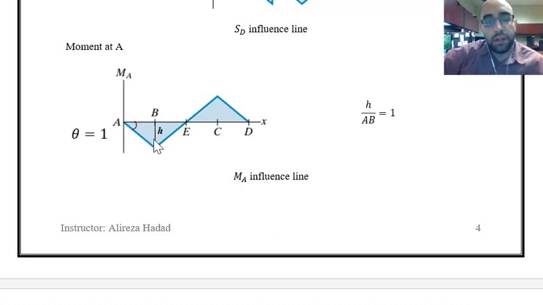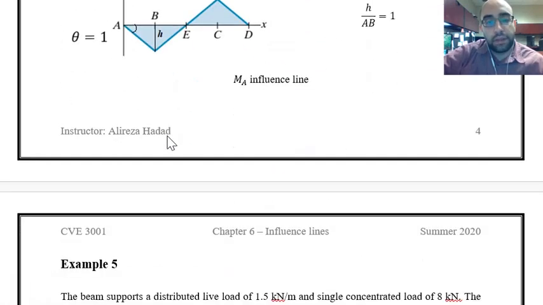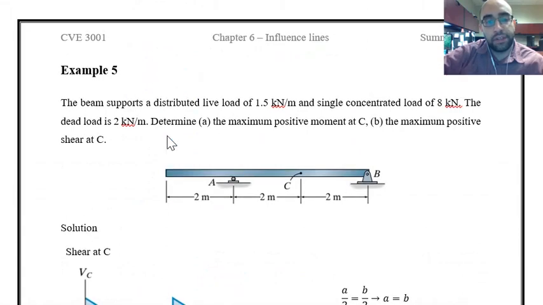That's theta equal to 1, and then H can be found by just considering the ratio of H over AB. Because theta is equal to 1, it means H over AB is equal to 1. So that was example number 4, and over here you can see the last example, which is example number 5.